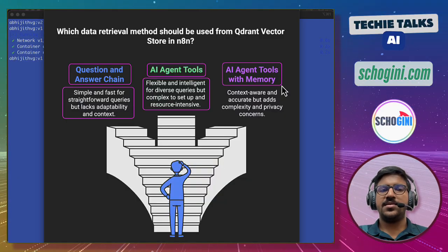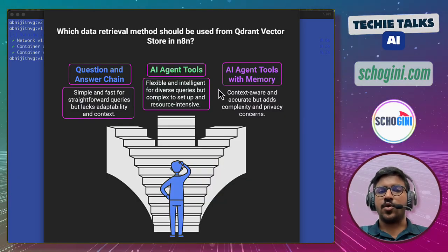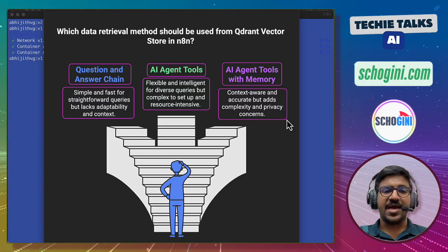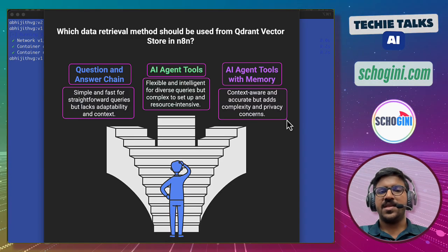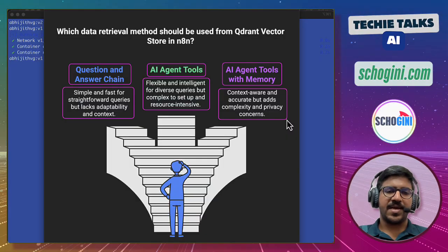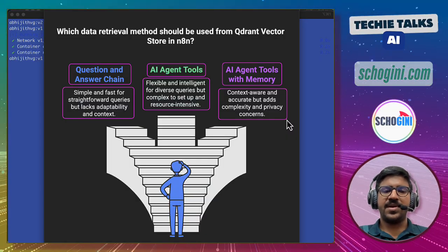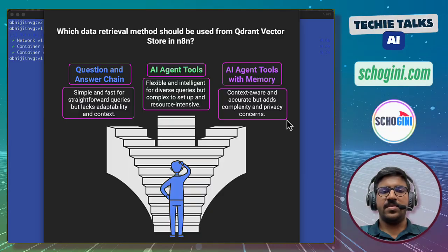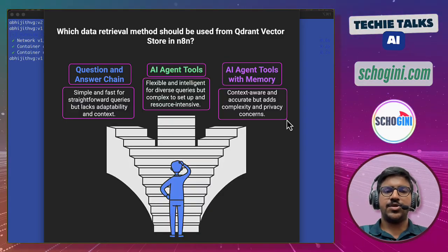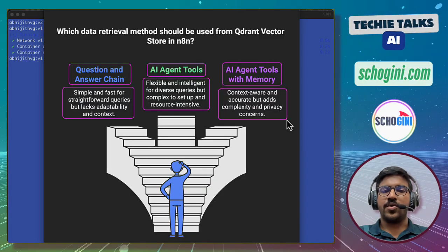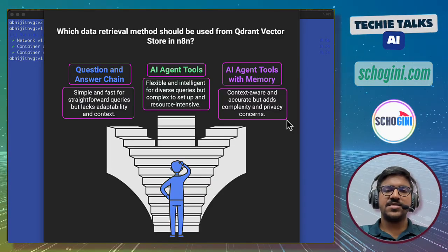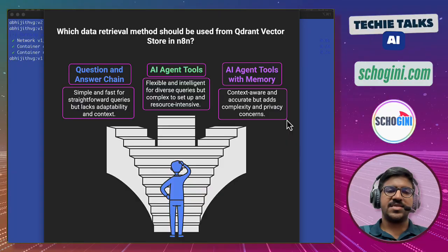This is a method which is context aware and accurate, but compared to the question and answer chain method, it is much more complex. And since the memory is there, you have to configure the memory, how much data it should store within the memory to be added to the context. So the context length also will increase, so please keep those things in mind.